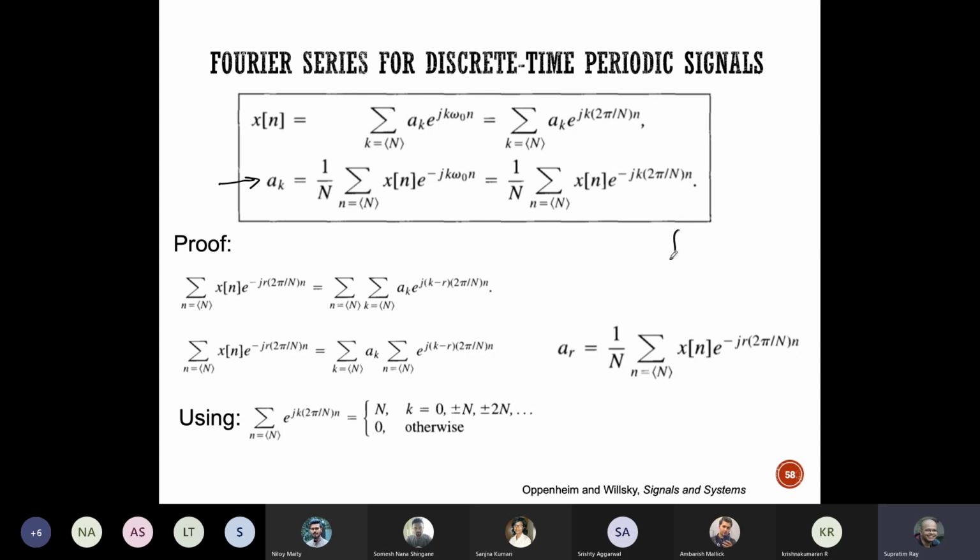Earlier I was telling you that if I integrate e to the power j omega k t dt, because this is a cosine and a sine for any number of cycles or any value of k, the integral is always 0. So this thing is 1 when k is 0 and 0 otherwise.